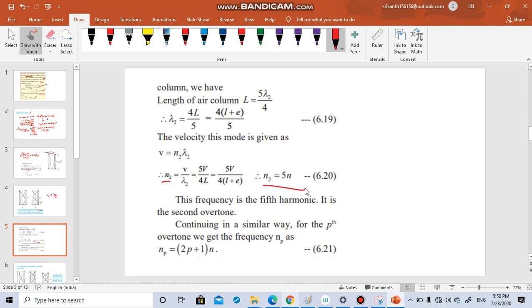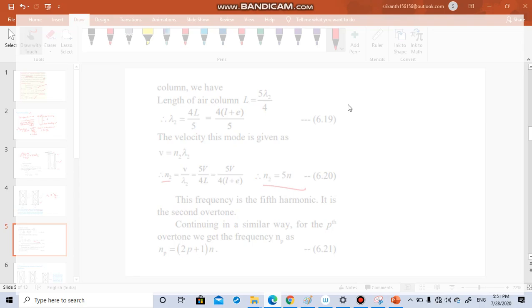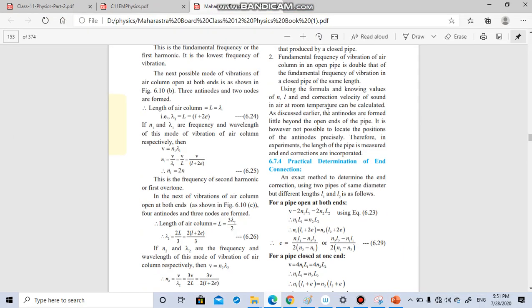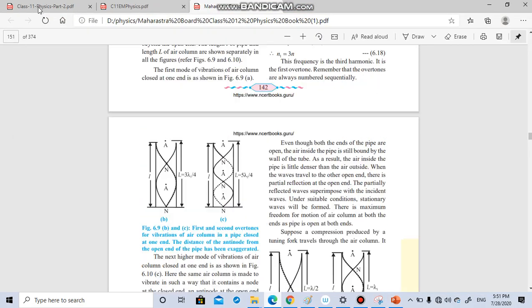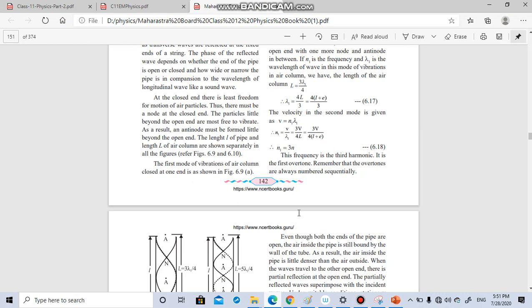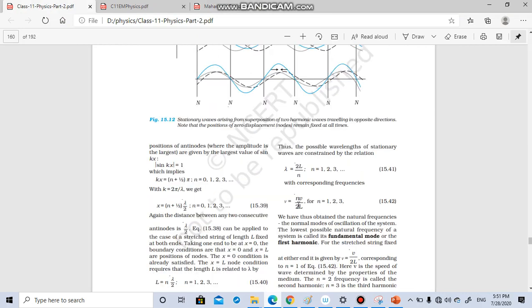If you go back to our basics, how did we find the first harmonic? You put N is equal to 2. In yesterday's discussion, if you see it in the book, this was the formula, right?